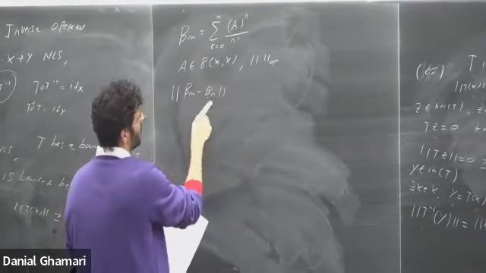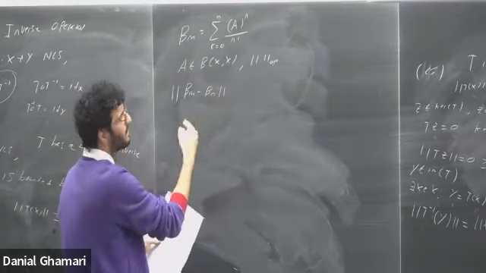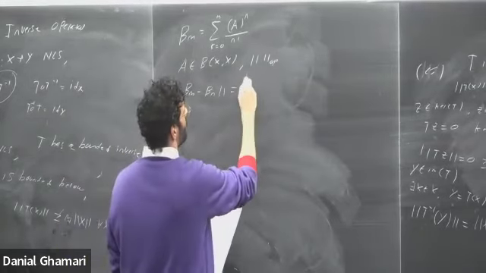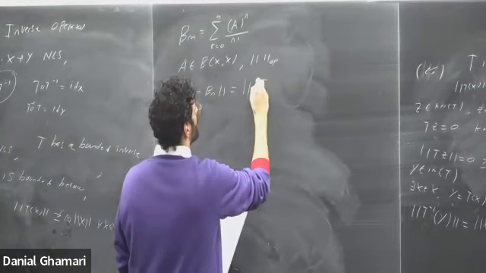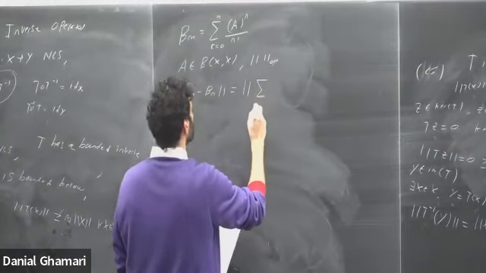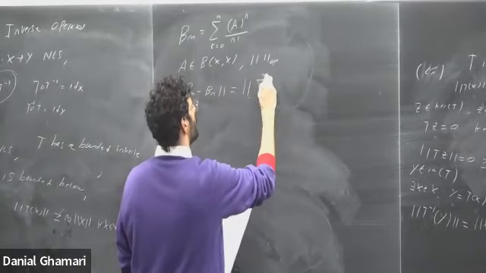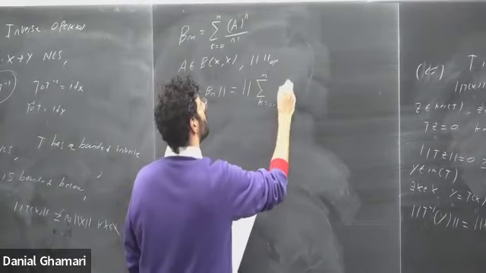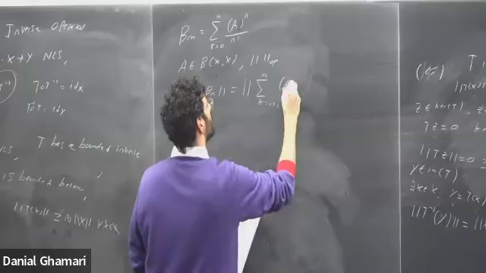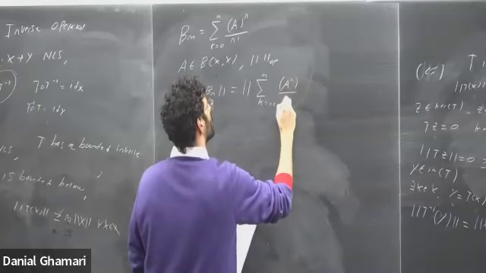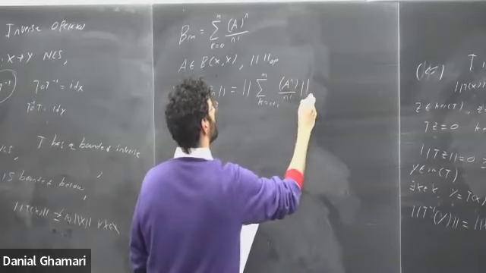Without loss of generality, assume m is bigger than n, so that I can actually write out what this is equal to. This is just going to be equal to the finite sum from k equals n plus 1 to m of A to the k over k factorial.